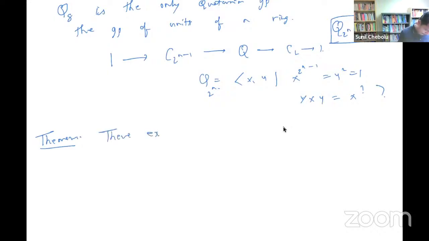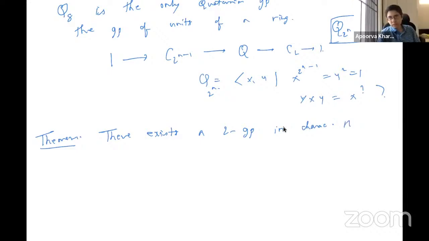There exists a 2 group. A 2 group is a group whose cardinality is 2 to the power of something. In characteristic n, you mean realizable in characteristic n?